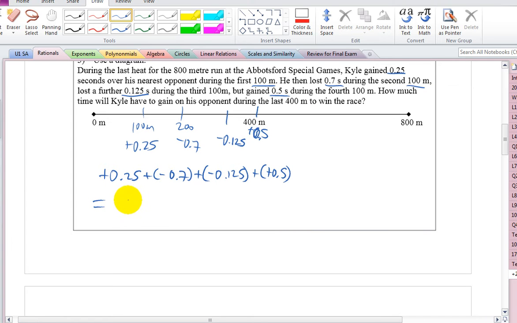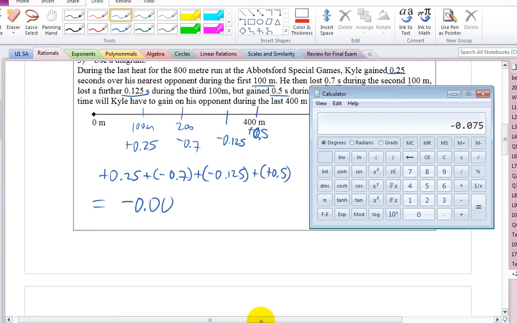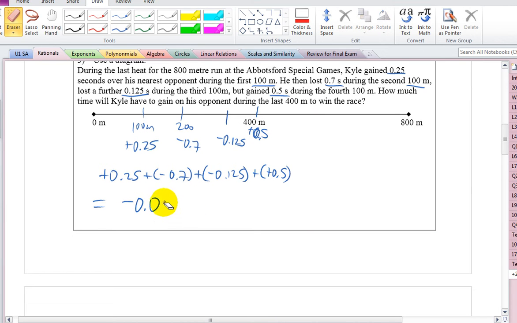Okay, so negative 0.075 seconds. Okay, read the last sentence, answer the question carefully.